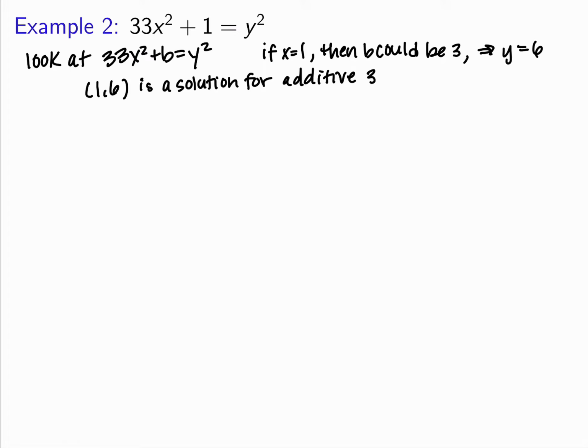All right, so now what we're going to do is find another solution there and sort of try to alter it, if you will. All right, so let's compose this with itself. So 1, 6 additive 3 composed with itself.